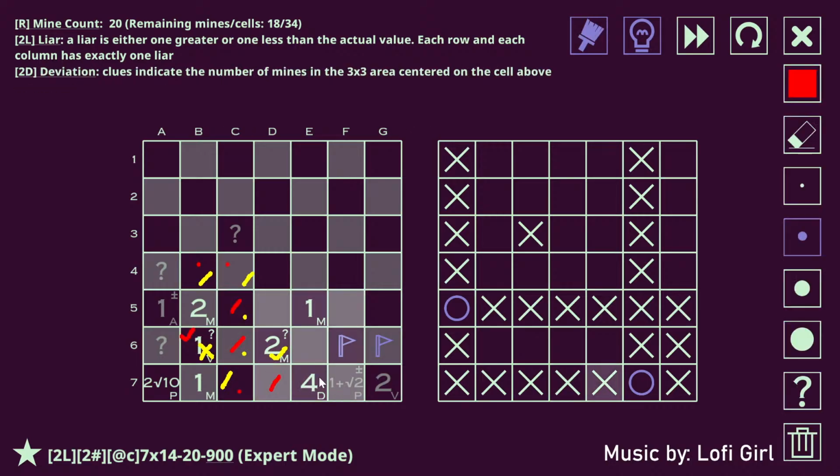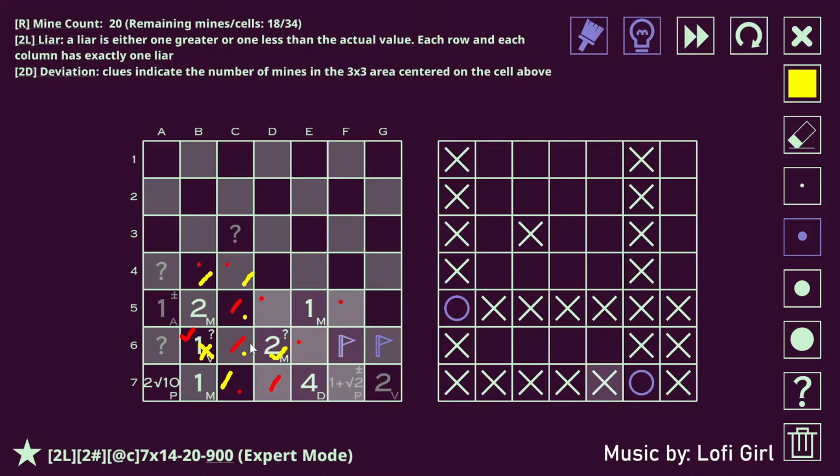Yeah, so in the red case we have all 4 of these being mines. That's just pure Minesweeper. In yellow, this 2, well, we have to have some mines here, and so what that means for this is that we'll have to have some mines here.